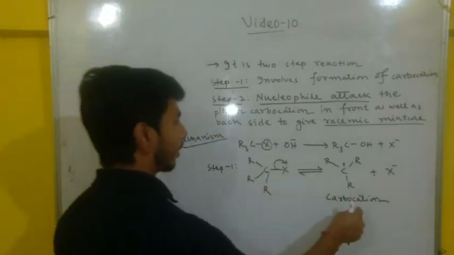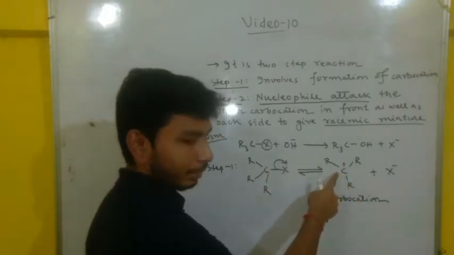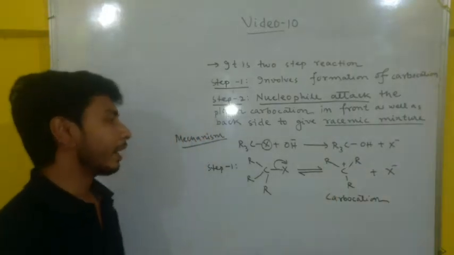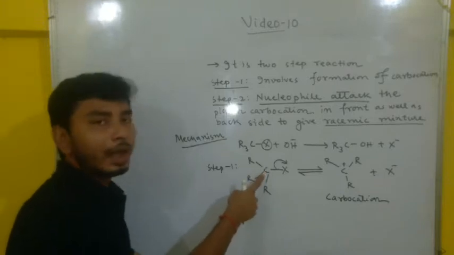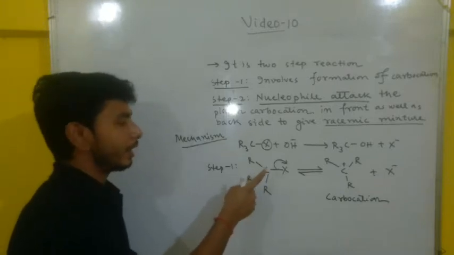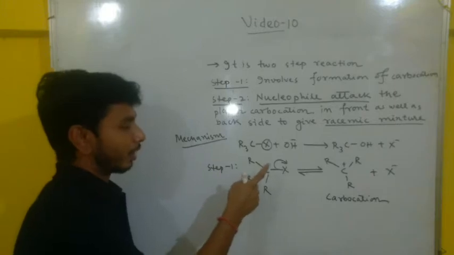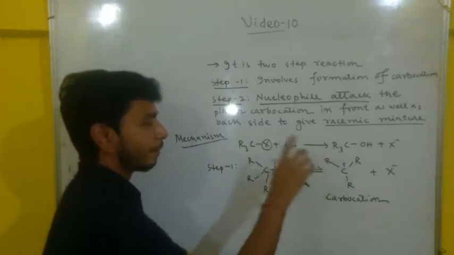Now this carbocation is planar in shape, and this molecule is not planar. It is sp3 hybridized, which means it is tetrahedral. A tetrahedral molecule becomes a planar molecule.